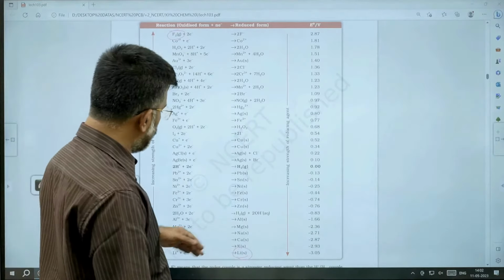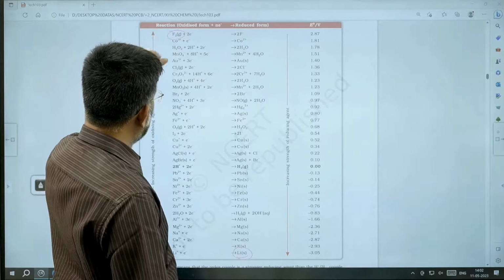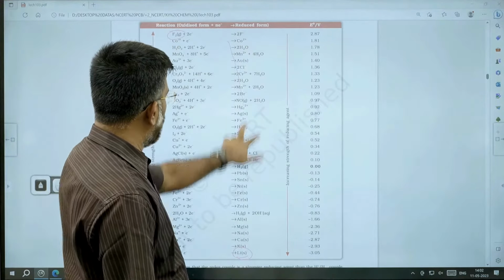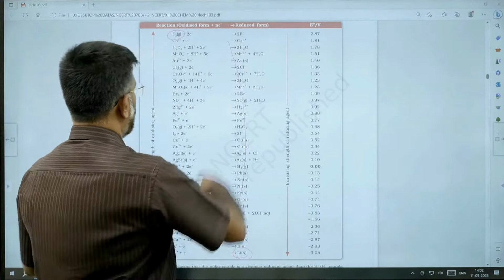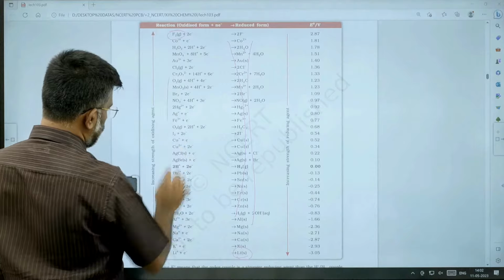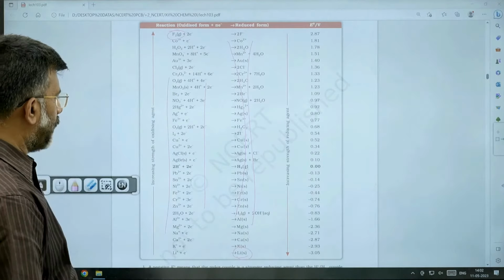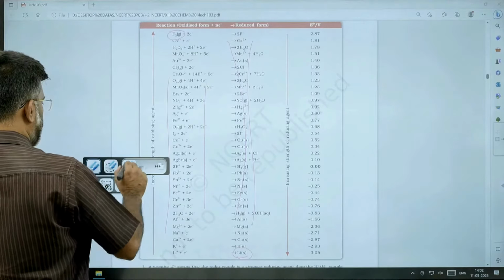This can reduce all in the list and this can oxidize all in the list. That is the point.